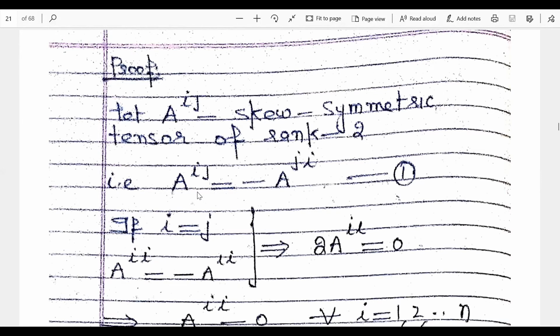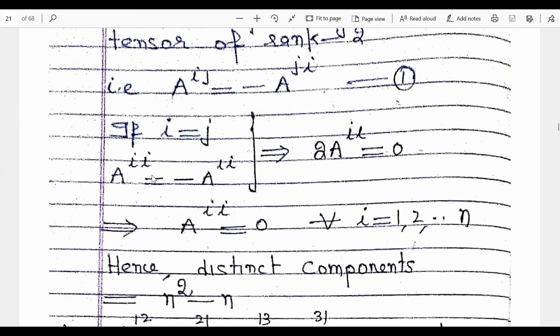By the definition of skew-symmetry, Aij is equal to minus Aji. When i and j are equal, Aii is equal to minus Aii, so 2Aii is equal to 0. So all diagonal entries are 0, which means n entries are 0.